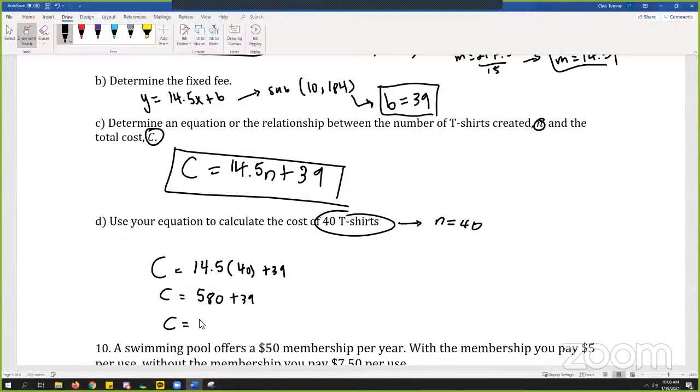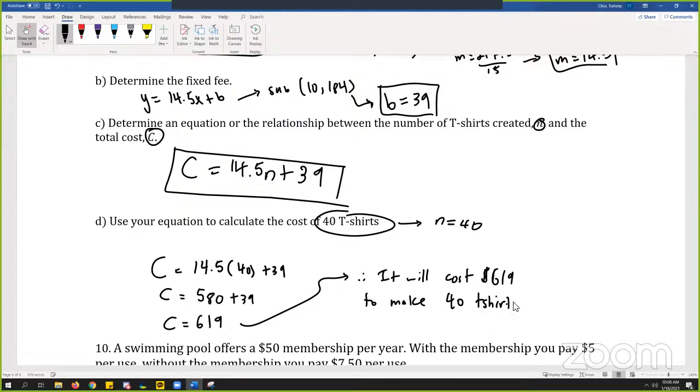And so C is going to be equal to 619. So therefore, it will cost $619 to make 40 t-shirts. And there's our final answer for this question.